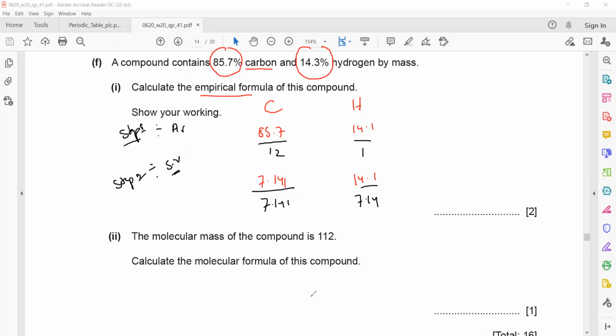So this will be 1. What about 14.1 divided by 7.141? It is equal to 1.97.